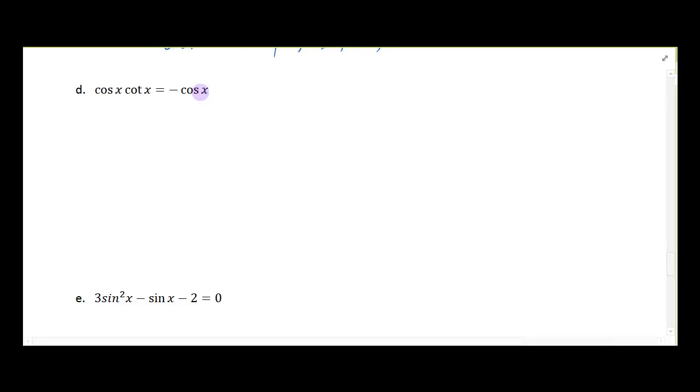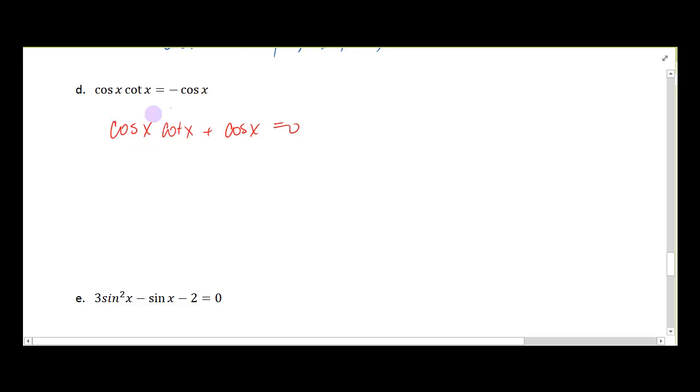Okay, so when I solve this, I'm actually going to gather all of my cosine terms up on the same side. So we're going to add cosine x to both sides. So I have cosine x cotangent x plus cosine x is equal to 0 now.